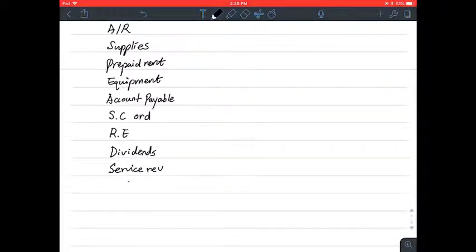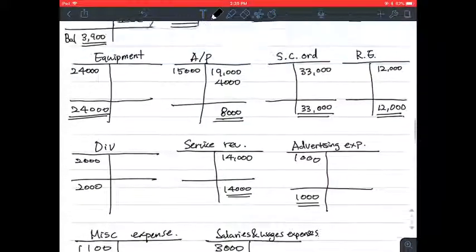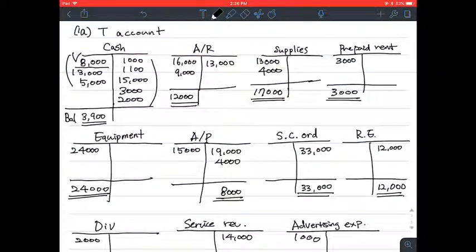Some of you have just accumulated all the expenses together and wrote it as one, but I recommend you write them separately because they are all different expenses. Advertising expenses, miscellaneous expenses, salaries and wages expenses.